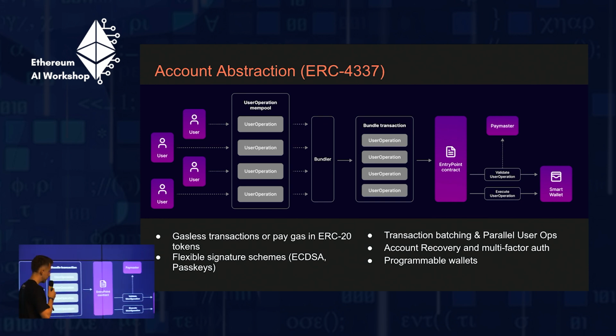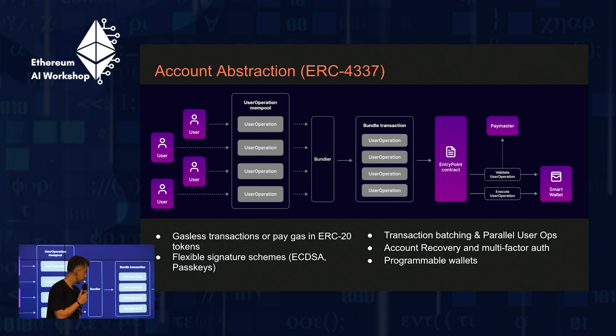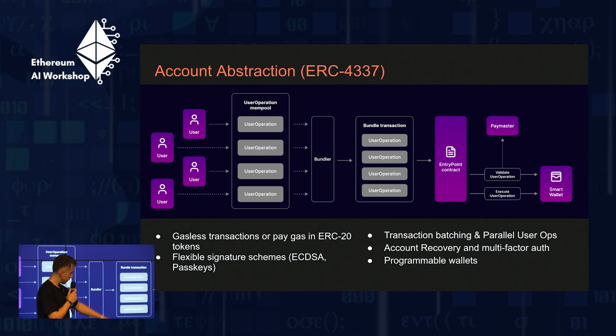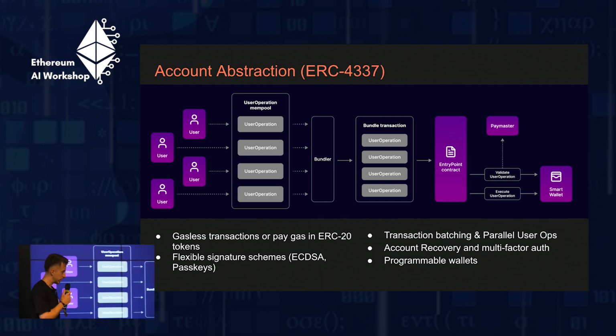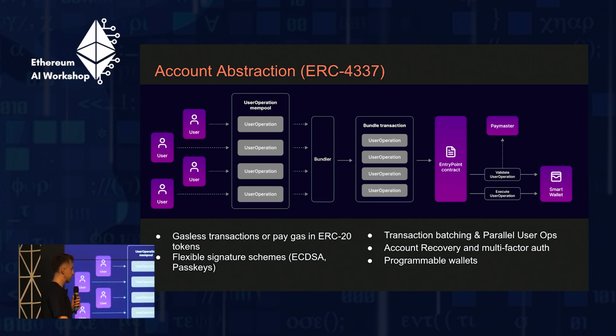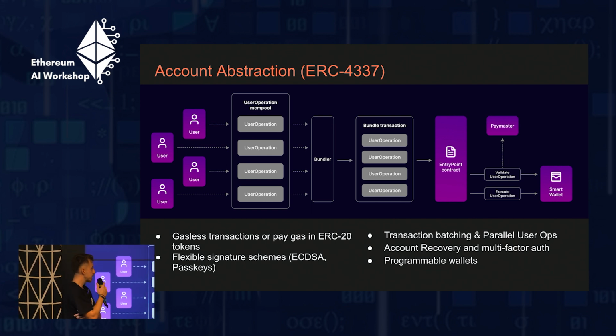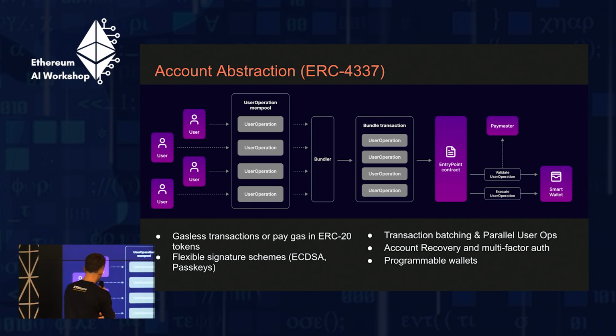And the validation on the paymaster typically says that the paymaster needs to have enough funds to pay for the transaction. And then the user operation goes through another validation, which is the smart wallet validation. This checks things like if the nonce is correct, if there's enough gas for the user operation to be executed, if the signature is correct, and so on.